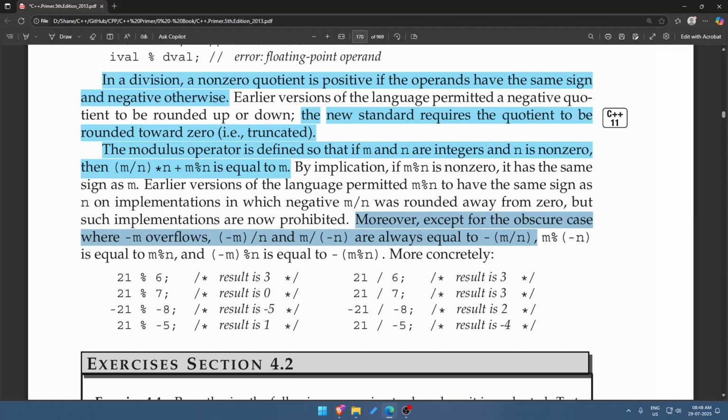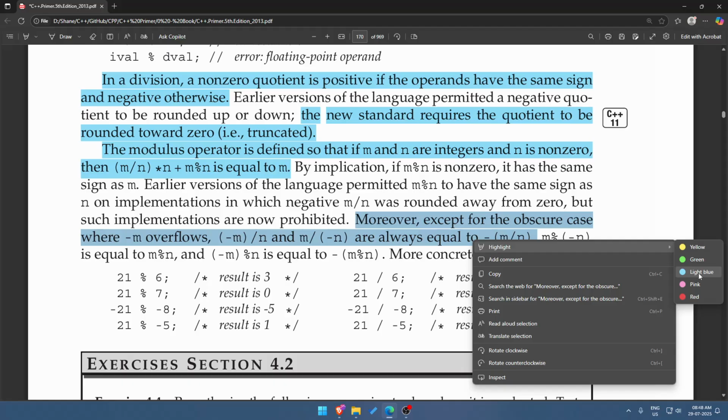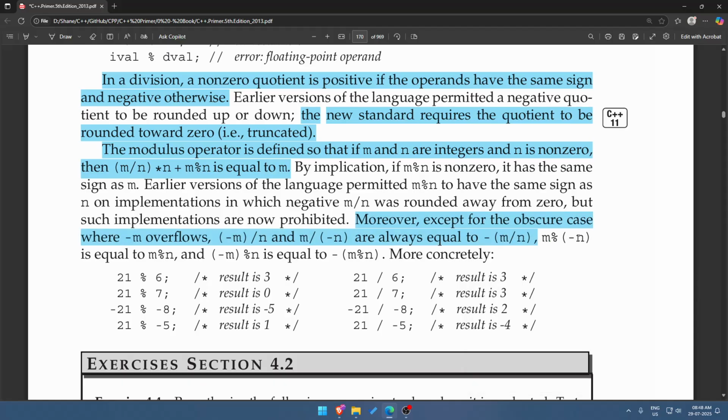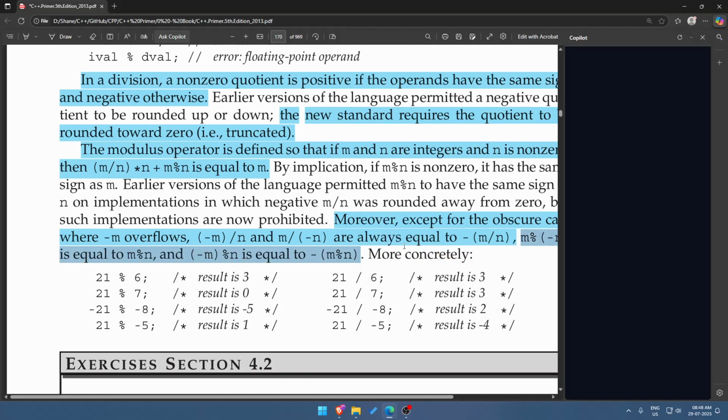Observe, guys, when minus m overflows, minus m over n or m divided by n are always equal to this. Okay. And then m mod minus n is equal to m mod n, and minus m mod n is equal to minus of m mod n.